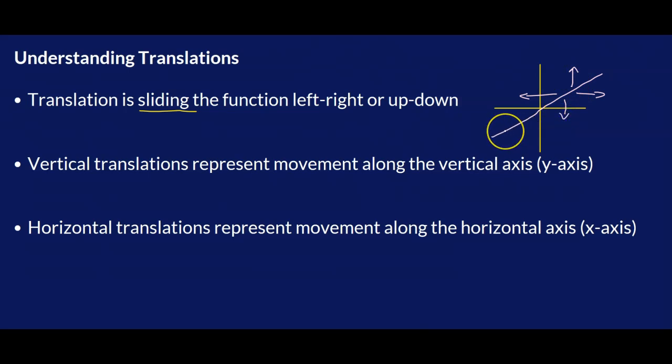When we have vertical translations, it simply means we're moving it up or down, and the reason why we call it a vertical translation is because the function moves on the y-axis, and the y-axis is our vertical axis. With the horizontal translation, we're moving it left or right, which is our x-axis, and the x-axis is your horizontal axis, so any movement on the x-axis is known as your horizontal translation.